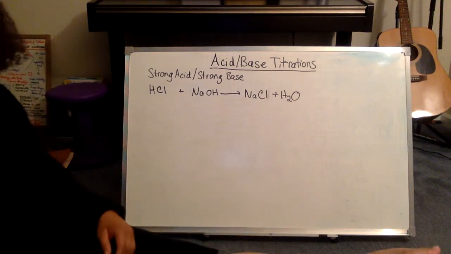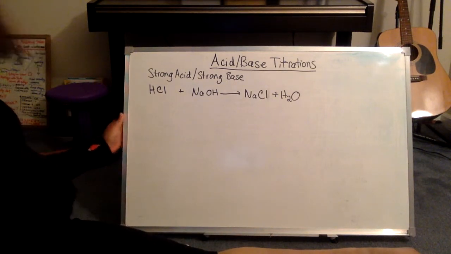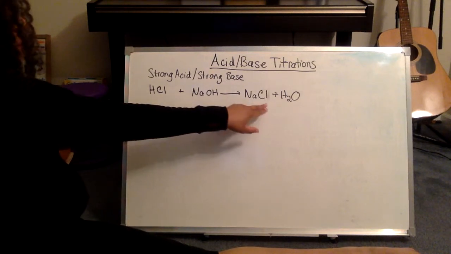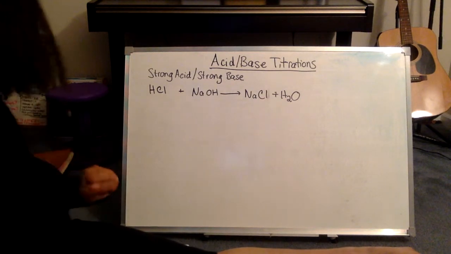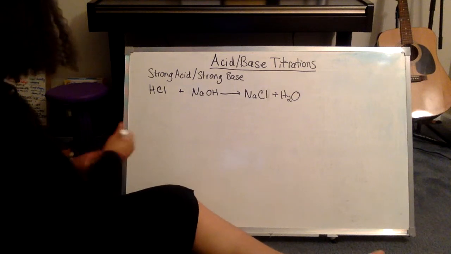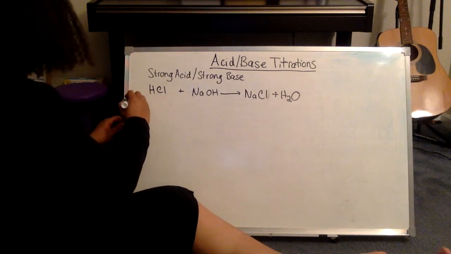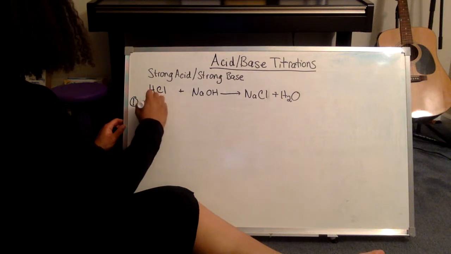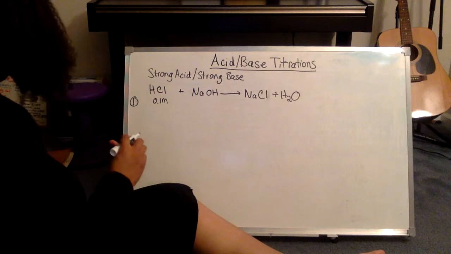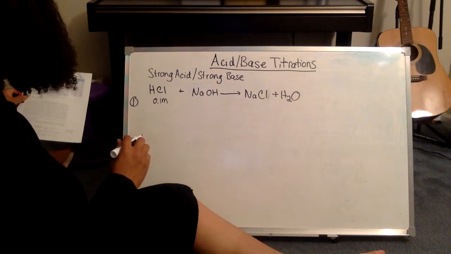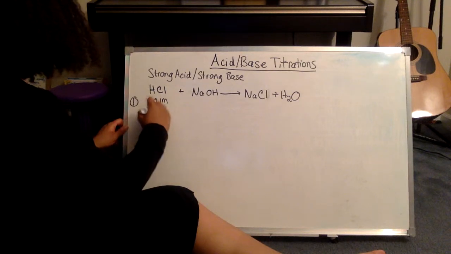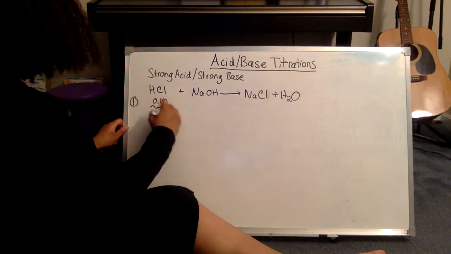Okay, so we want to look at this scenario where we've got a strong acid and a strong base forming a salt and water. Starting with scenario 1, we have 0.1 molar HCl, and we have 25 milliliters of that.